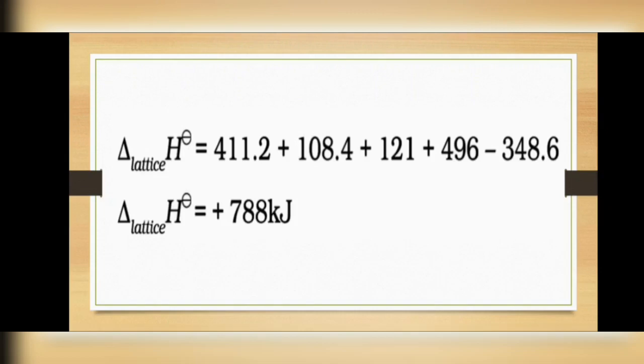Lattice enthalpy we got by the indirect method, that is 788 kilojoules per mole, and the hydration enthalpy, given from the literature, is minus 784. When you substitute these values, you will get 4 kilojoules per mole as the enthalpy of solution. So the dissociation of NaCl is accompanied by only a very little heat change.